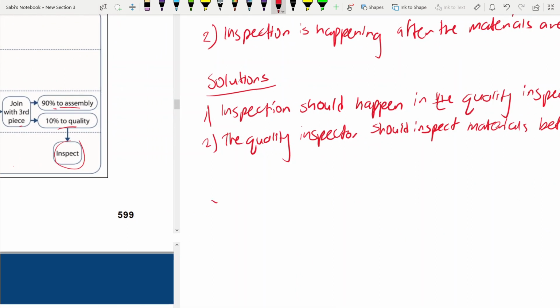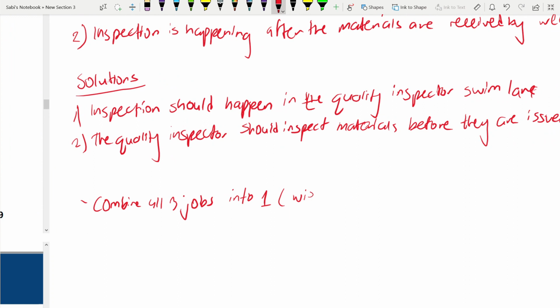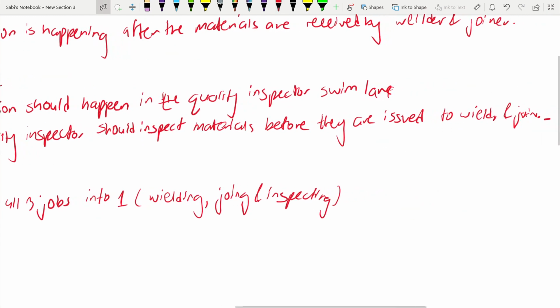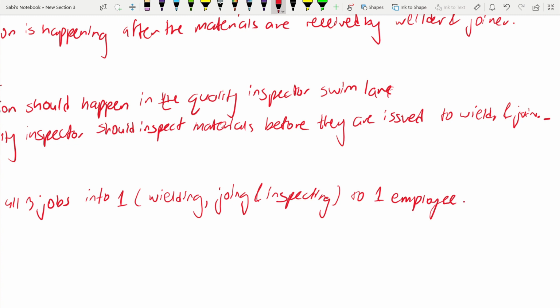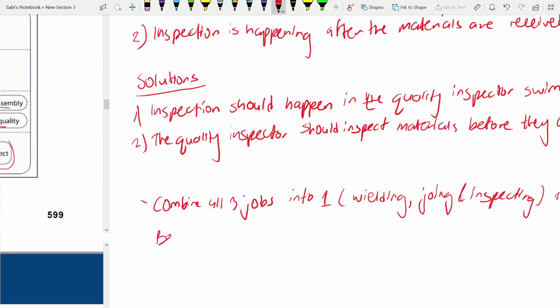I will write it here. Remember, you should have benefits, because if you're changing the process and you're not having a benefit, then there's no use, right?